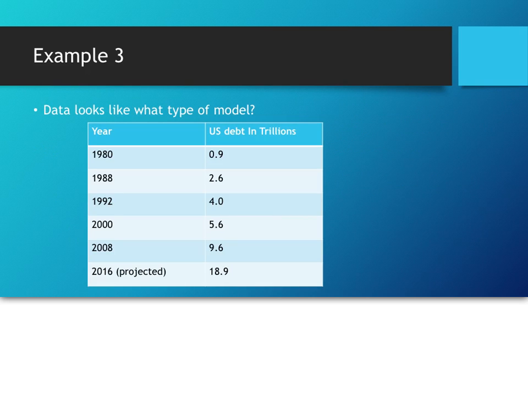So here's what I want you to do now. I want you to take the years and U.S. debt in trillions of dollars and calculate what type of model is going on here based on drawing and seeing what it actually looks like. By the way, if we start out at 1980, it's often easier to think of 1980 as year 0.